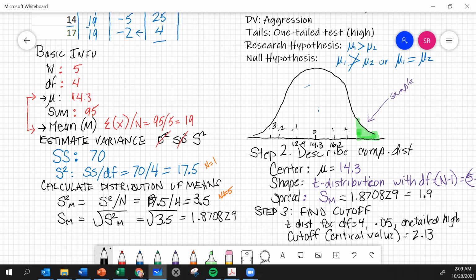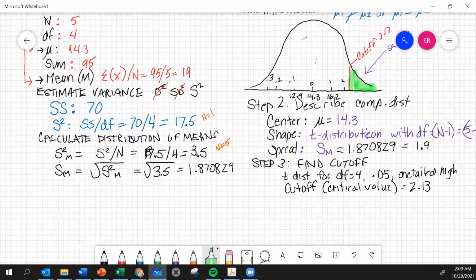We can leave it positive because we know we're looking on the upper tail, and that would put this line specifically maybe right about here for the exact cutoff point. And we're going to see if we can find our sample up in this distribution. So we're done with step 3.